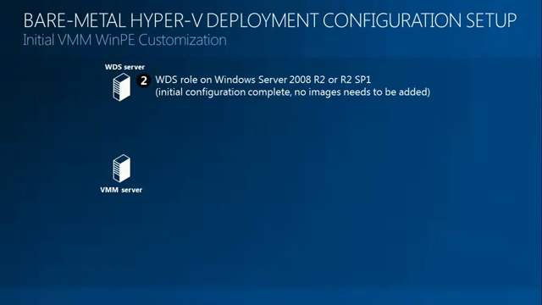You need to go through that, but you don't need to do anything on the WDS server after that. You just install the role, I think it's a feature, and then finish the configuration. It asks you where you want to keep the images and folder names, and that's it. A very simple configuration, and that's all you need to do.